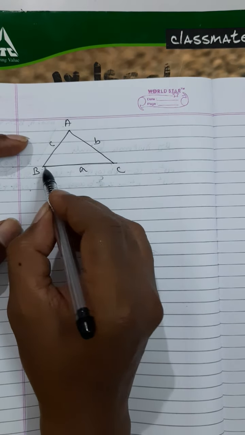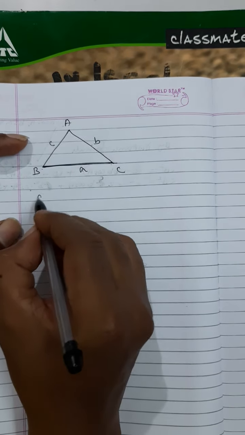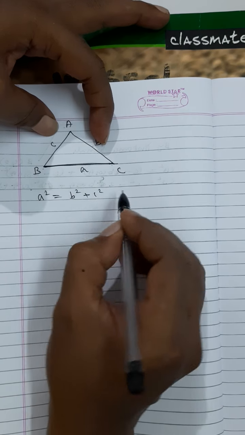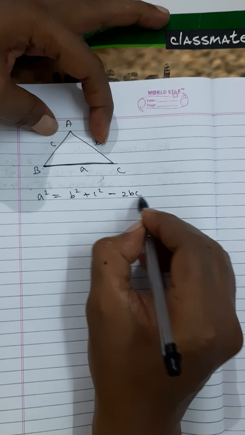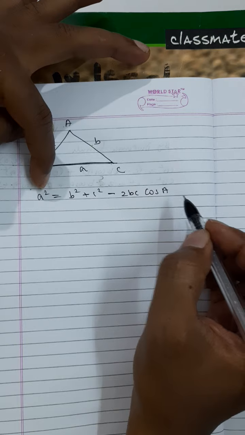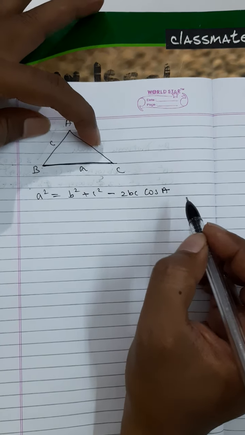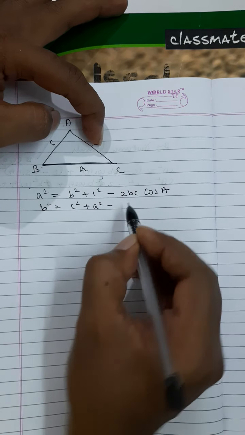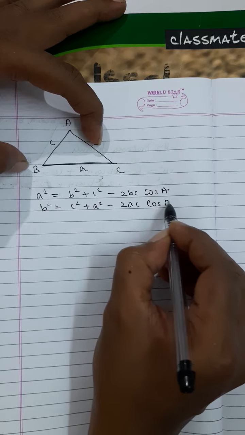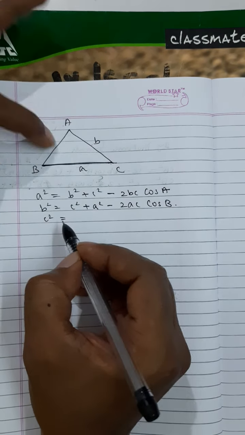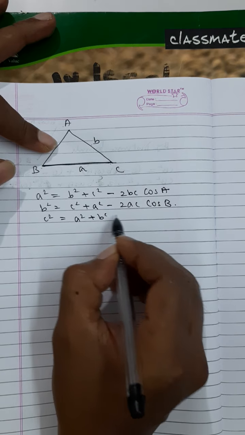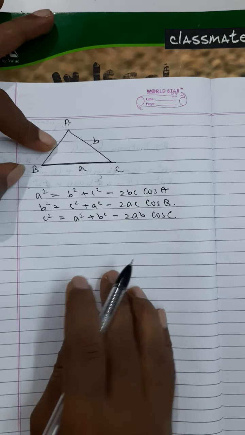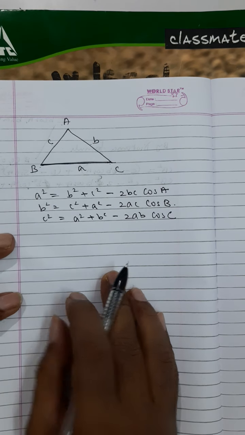So the cosine rule states that if I have to find angle A, a square is equal to the sum of the squares of the remaining sides, b square plus c square, minus 2bc cos A. Similarly, b square is equal to c square plus a square minus 2ac cos B. And c square is equal to a square plus b square minus 2ab cos C. This is basically the cosine rule.